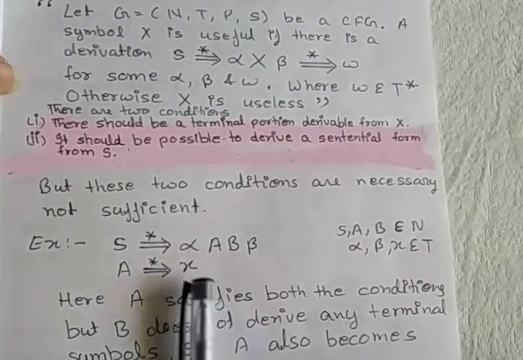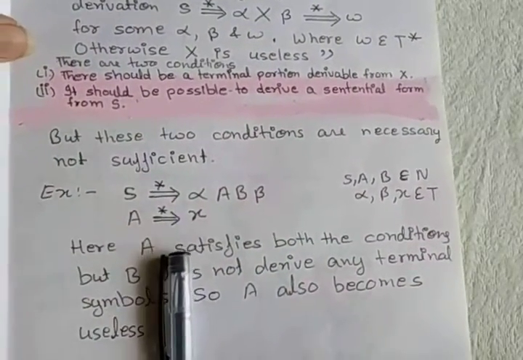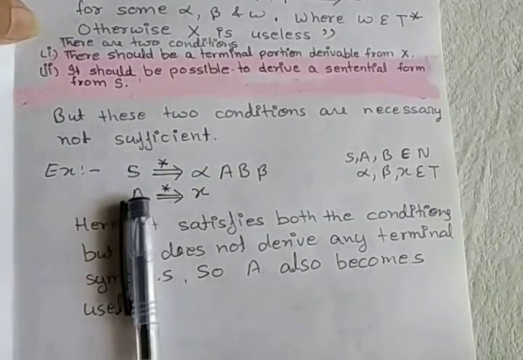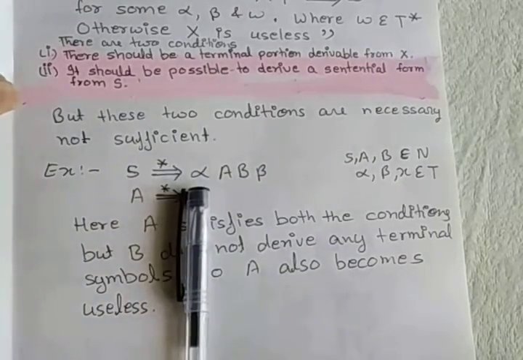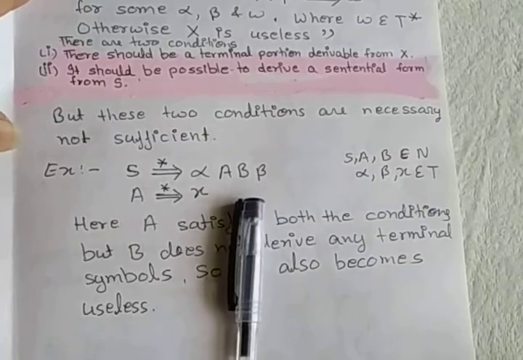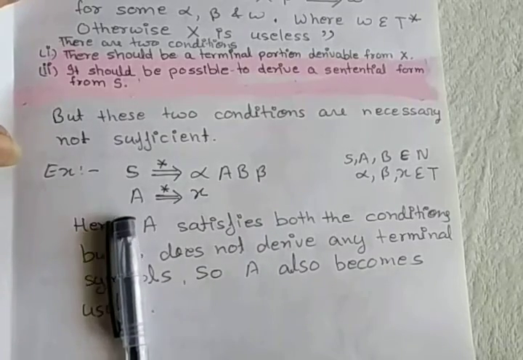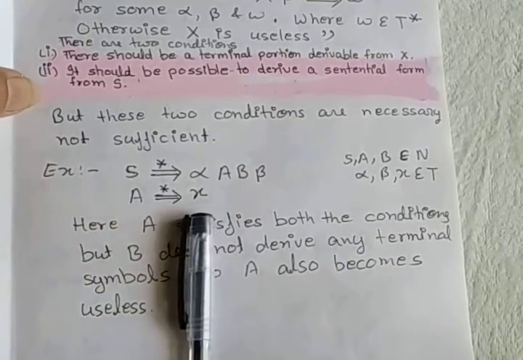Let's see why. Consider this example: S derives αABβ. The next rule is A derives x.